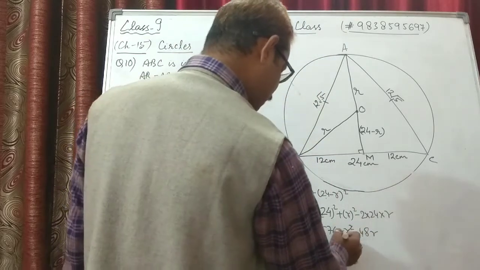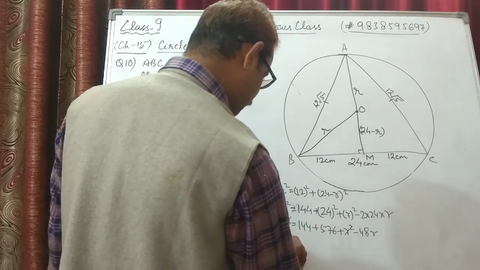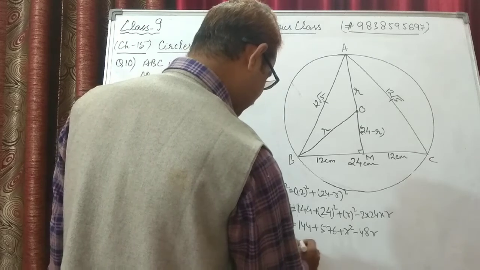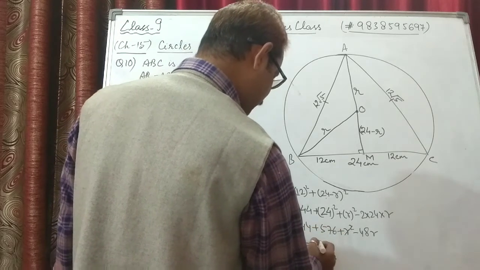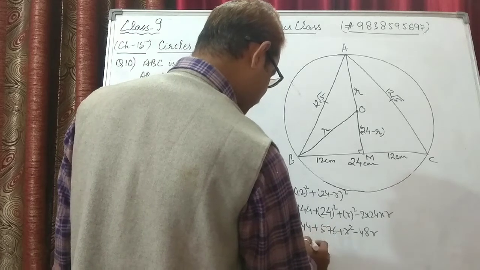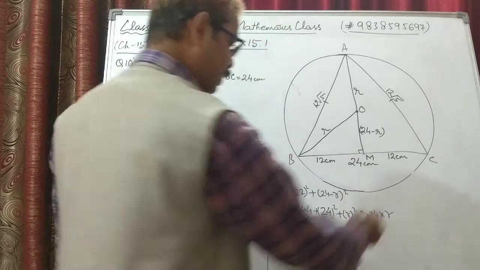This R square and this R square get cancelled. 48R comes to this side. So 48R is equal to 720.